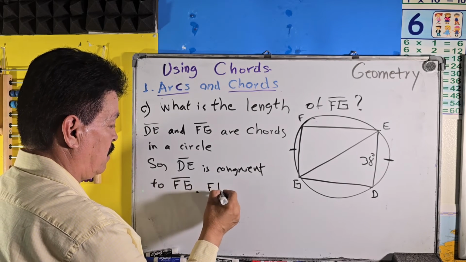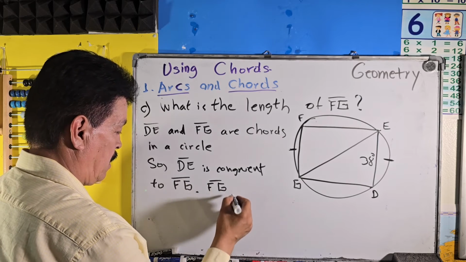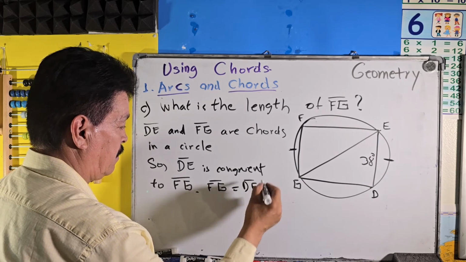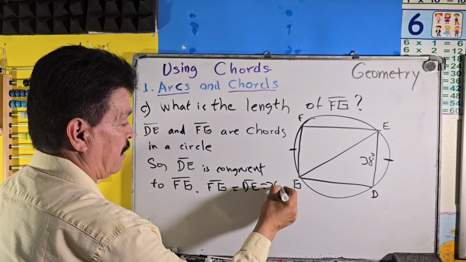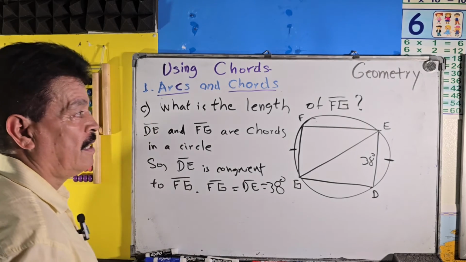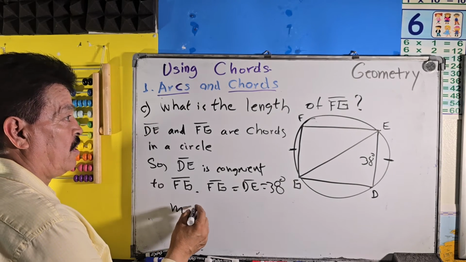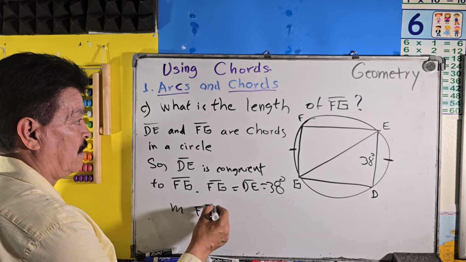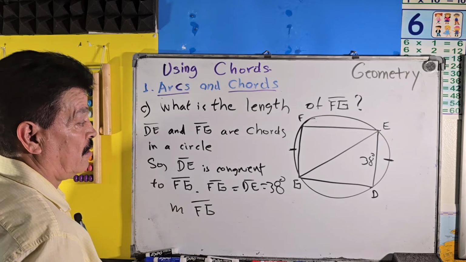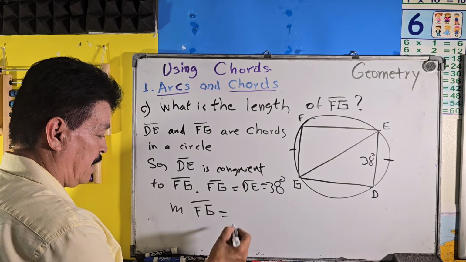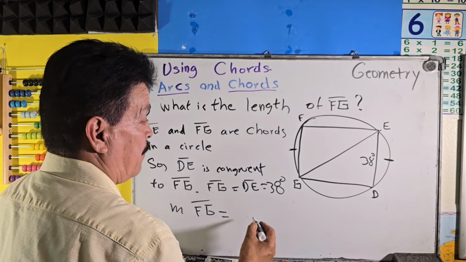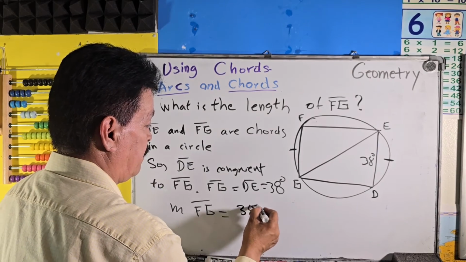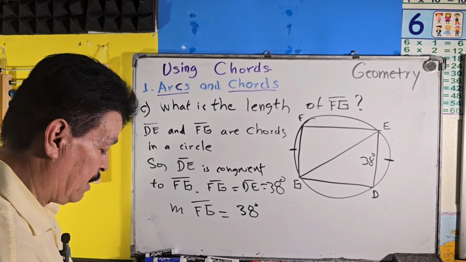Then FG equals DE, which equals 38, right? So the measure of chord FG equals 38. That's the conclusion.